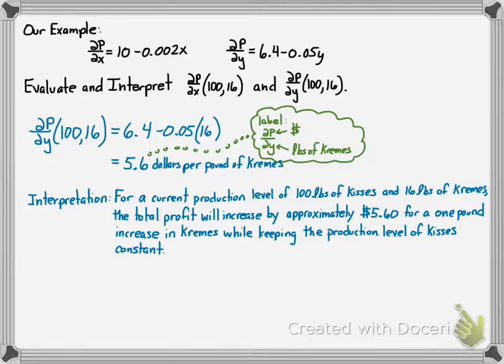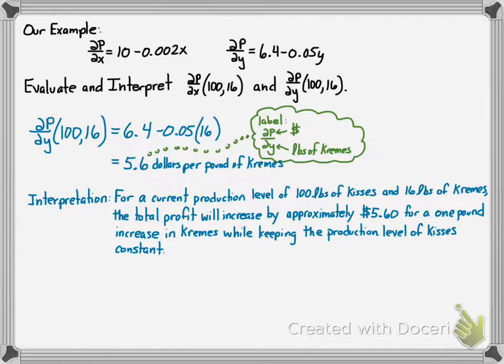So again, when we take our partial derivative with respect to y, we're asking what's happening to the profit if we increase the cream candy production and keep those kisses constant.